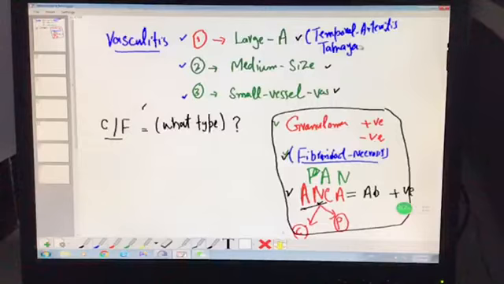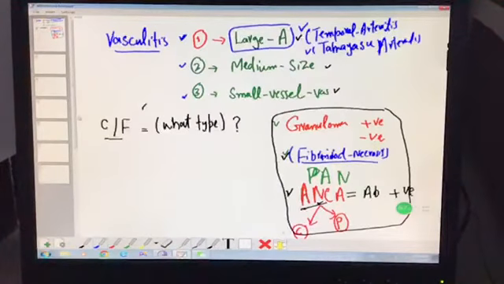The name is a bit strange. It is mostly seen in Asian people, especially in Japan, where this disease was discovered, and is known as Takayasu arteritis. These two, giant cell temporal arteritis and Takayasu arteritis, involve large vessels.